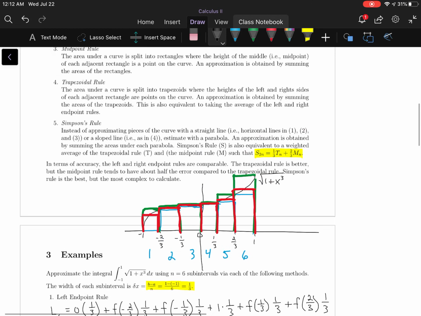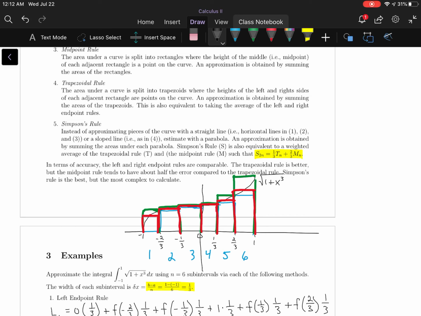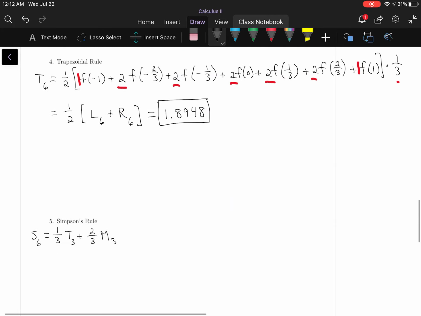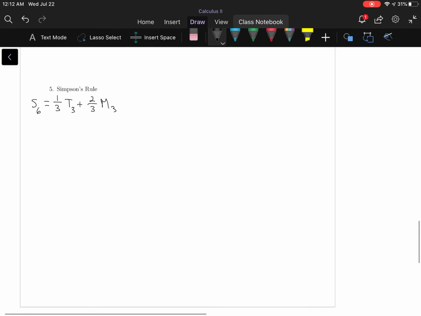Again, just to highlight that, we want the Simpson's approximation based on 6 subintervals, which means that n is going to be 3. So that's why we're using T3 and M3. Now we don't have those, but we have experience with getting the trapezoid and midpoint rules approximations. And so it's pretty quick to get everything that we need.